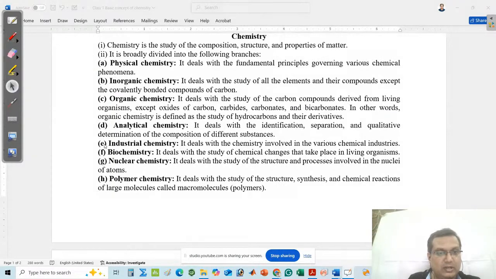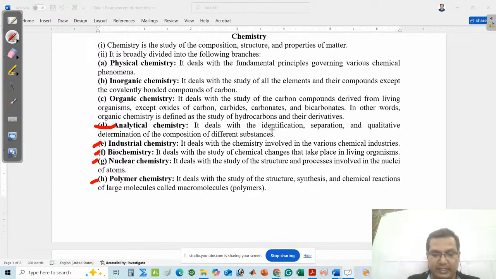There are also other types of chemistry. They are analytical chemistry, industrial chemistry, biochemistry, nuclear chemistry, polymer chemistry. Analytical chemistry completely deals with analysis. That means identification, separation, and qualitative determination of composition of different substances.